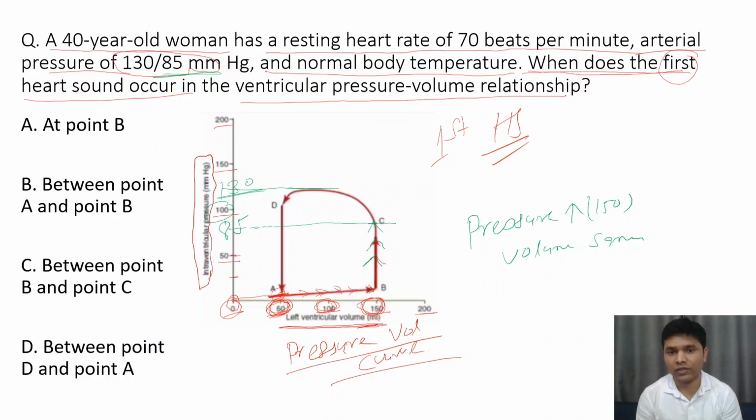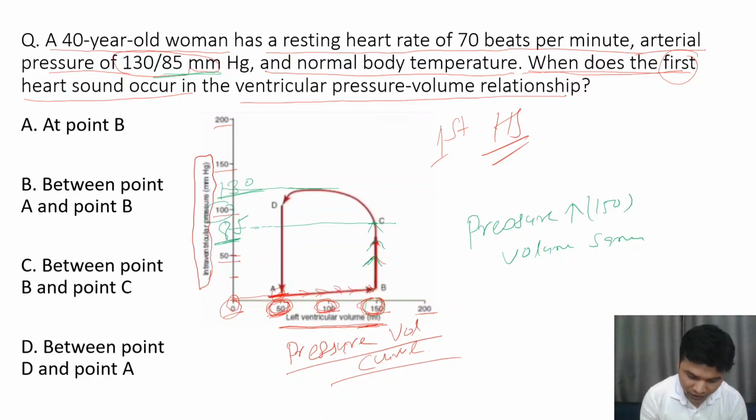So this point, where there is no change in the volume and the pressure is increasing, is called isovolumetric contraction. When the ventricle starts contracting, pressure will increase, but because the pressure in the aorta is still 85 millimeter of mercury, diastolic pressure is 85, it means aorta pressure is 85 millimeter of mercury.